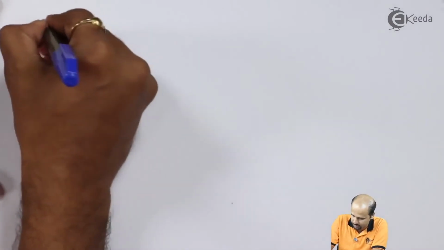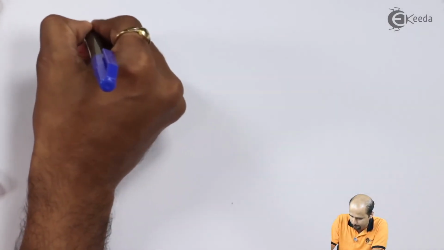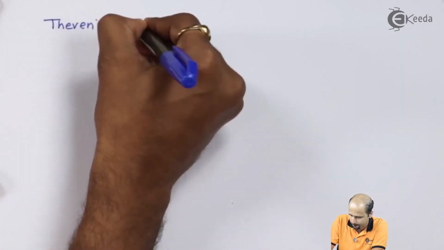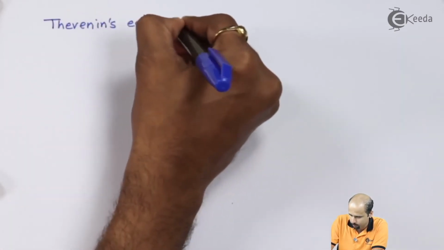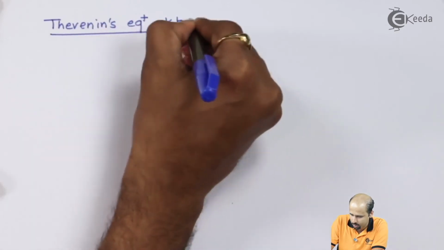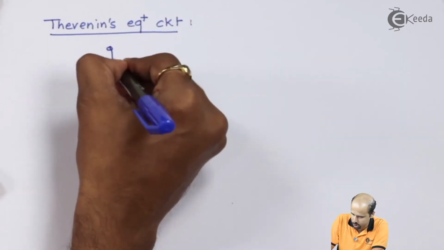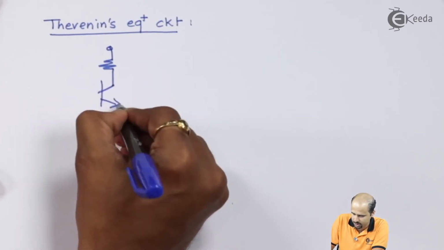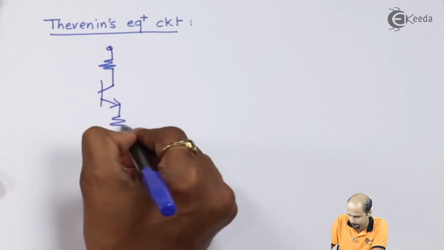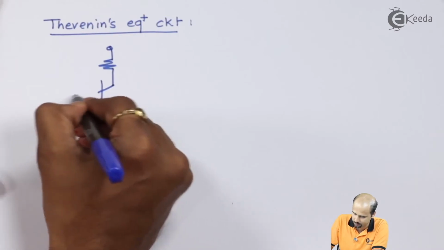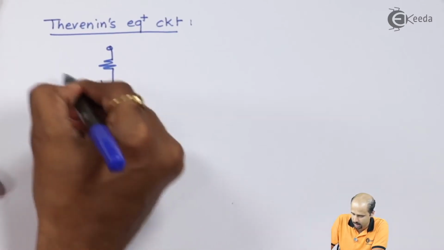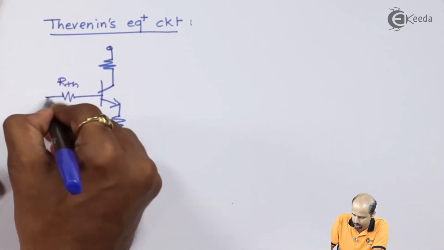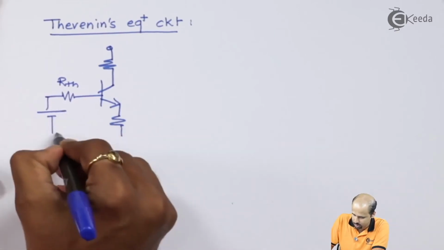So here is my Thevenin's equivalent circuit. Let's draw a simple circuit with the BJT, resistance, this RTH, your VTH, and then ground.